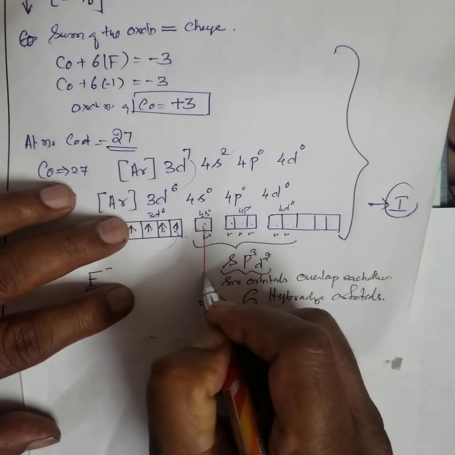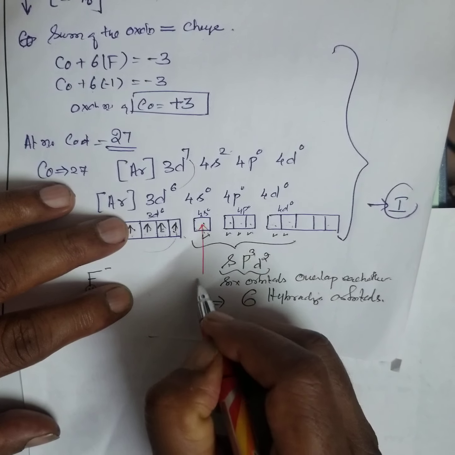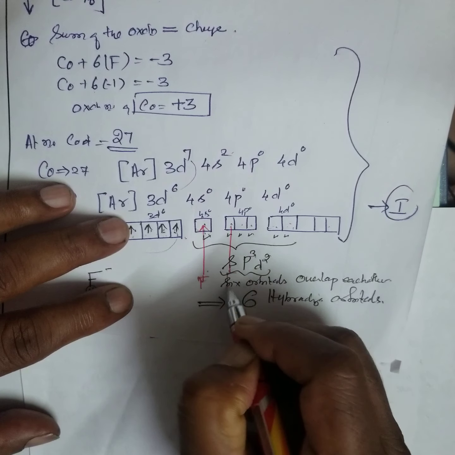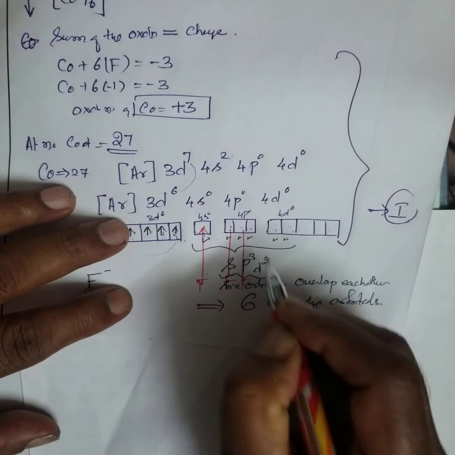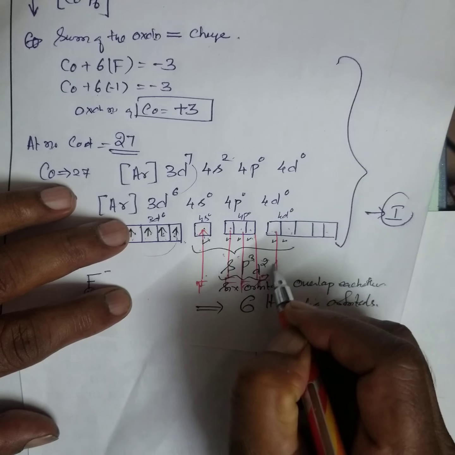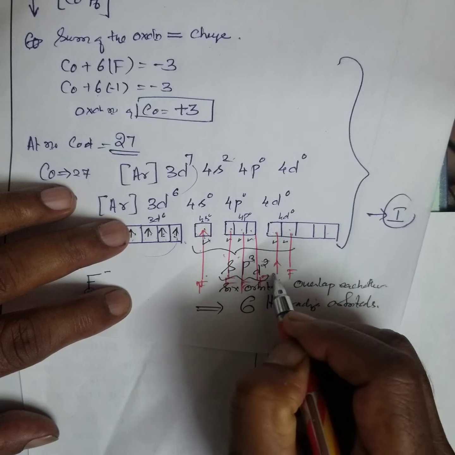Now, one fluoride donates a pair of electrons here, also another fluoride, another fluoride, another fluoride: 1, 2, 3, 4, 5, 6.